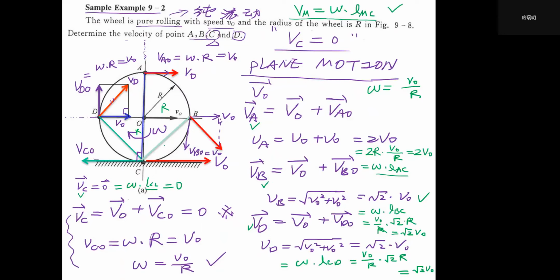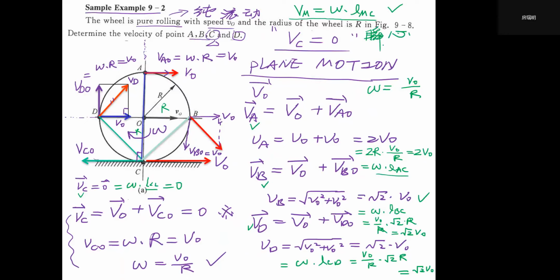So at this moment, because VC equals 0, this C is in Chinese what we call 瞬心. In English it is the instantaneous center.